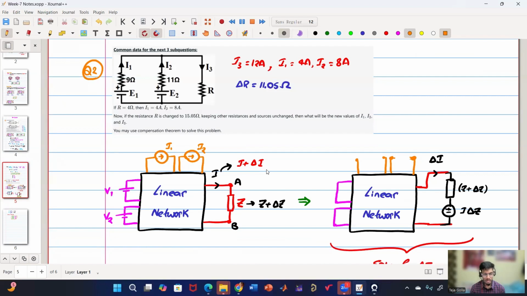That is 4 plus 11.05, right? Yes, sir. So R plus delta R is 15.05. R is 4, so delta R is 15.05 minus 4, which is 11.05, which is what we have written. Yes, sir. Got it.